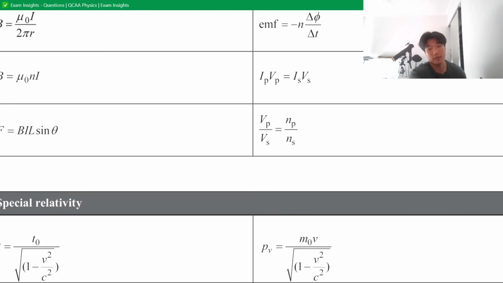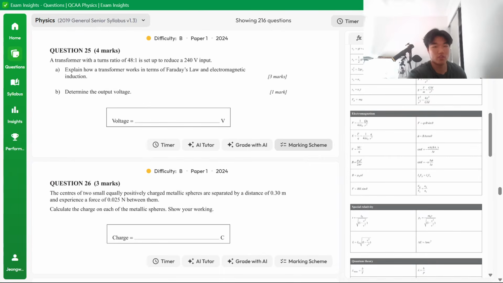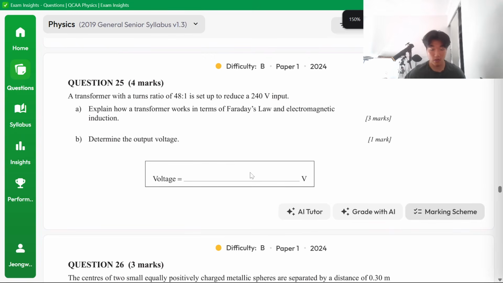So it does matter. But okay, so we can use this formula. The voltage of the primary coil over the voltage of the secondary coil equals the number of turns of the primary coil divided by the number of turns of the secondary coil. The output voltage would be the voltage of the secondary coil.